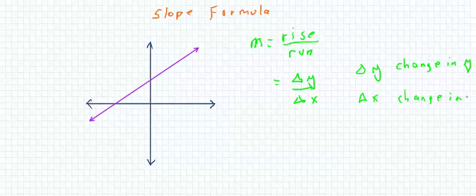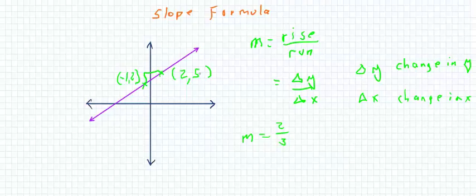Well, if I look here, at this point here, and this point here, this has coordinates of 2, 5. And this has coordinates of -1, 3. Go up 2 over 3. We know that our slope is the rise 2 over the run 3.